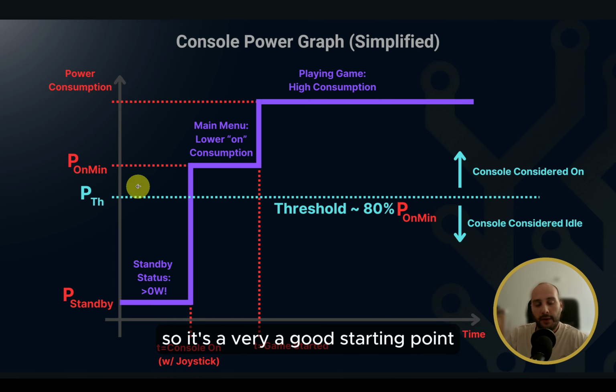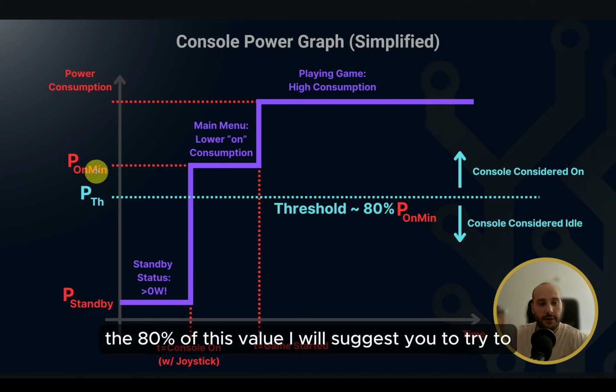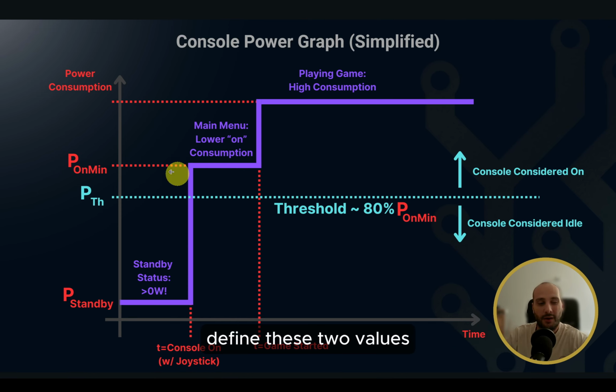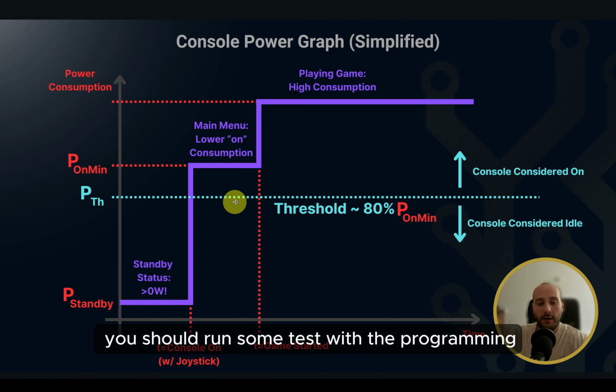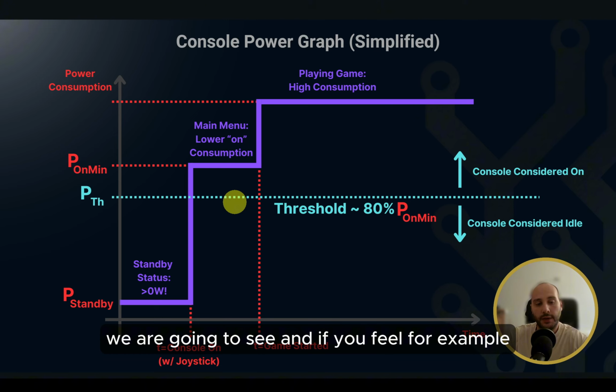So the 80% of this value is a very good starting point. I suggest you try to define these two values, or at least this value, as precisely as possible, then apply the 80%, and then you should run some tests with the programming we are going to see.